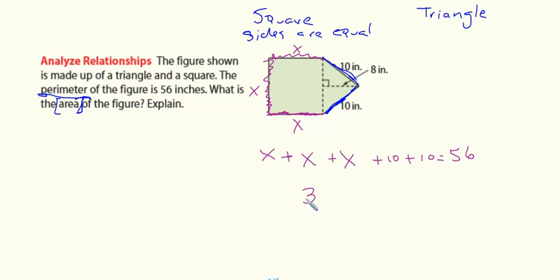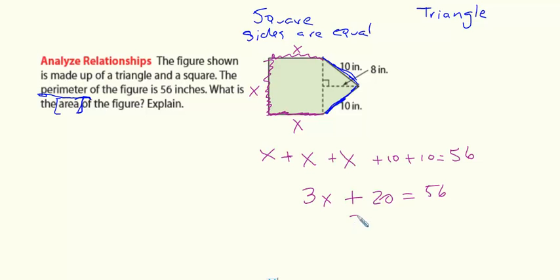Okay, so I'm going to combine my x's. So I have 3x, plus, and I'm going to combine my two sides of the triangle. So 10 plus 10 is 20. So 3x plus 20 should equal 56. So now I have to solve for x. I'm going to do the inverse operations, or the opposite operation, on both sides of the equation.